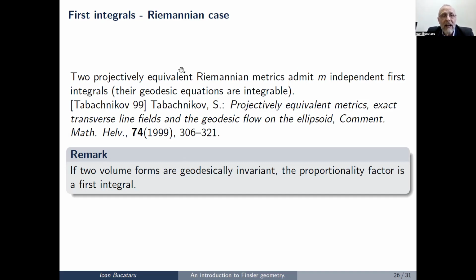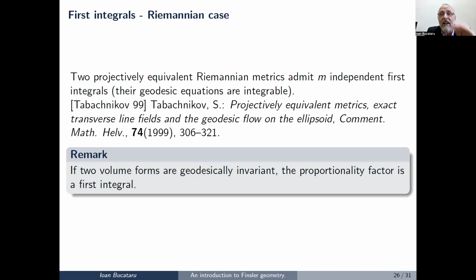In the Riemannian case, it is known that if you have a Riemannian metric with the corresponding system of differential equations, and by some projective deformation, by reparametrizing, you get to a new system that again is a system of geodesics, then that solves actually the problem.